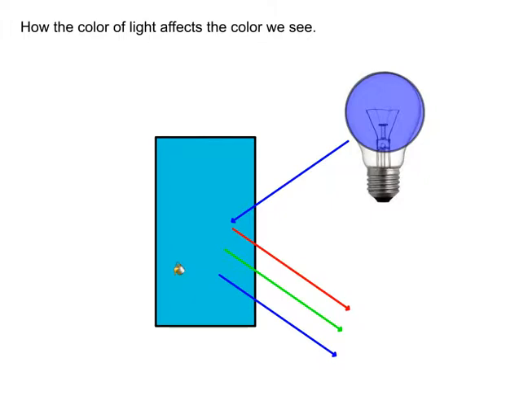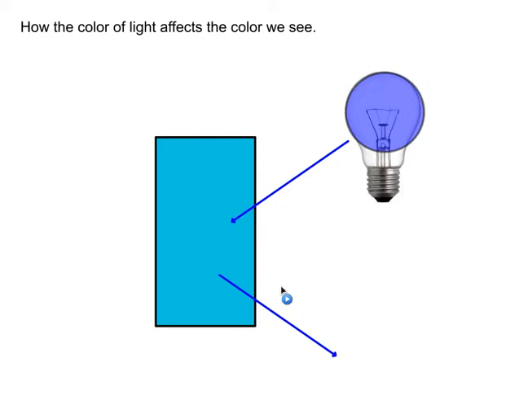Okay, so cyan is white minus red, and so it subtracts red light out, but there was no red light coming in the first place, so it doesn't matter. But blue can be reflected off cyan, so that would look blue to me. So even though it's a cyan piece of paper, it would look blue.